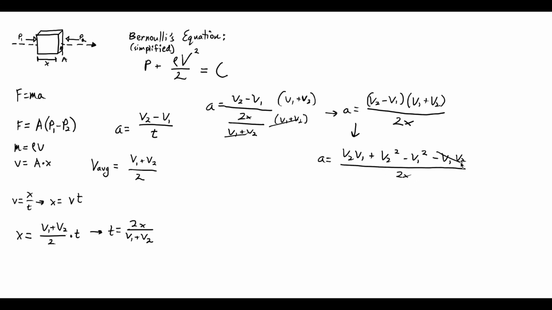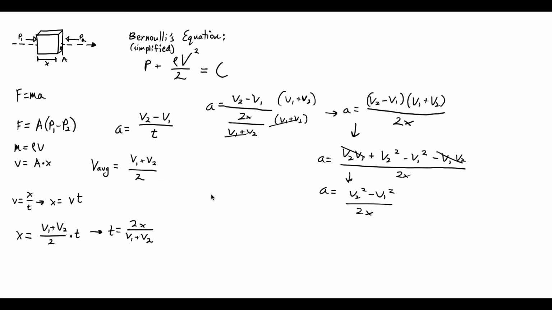These two cancel out, and we're left with a final equation for acceleration of v2 squared minus v1 squared over 2x. So we'll have area times P1 minus P2 equal to rho times volume times v2 squared minus v1 squared over 2x.